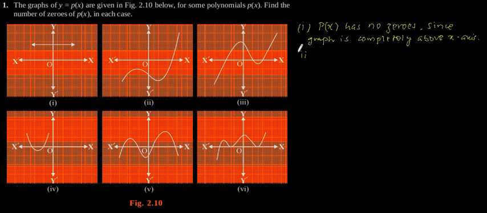Now the second graph. In the second graph, we can see this graph intersects the x-axis only at one point. Let's say this point is A. So the number of zeros is 1.